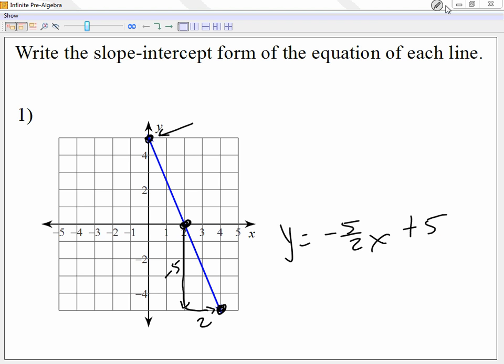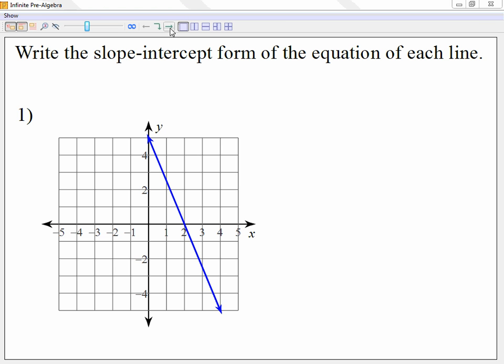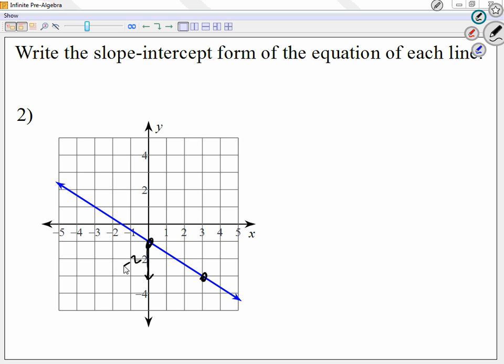Take a look at another example. Take a look at number 2. Let me get a slope to begin with. I'm going to use this point and this point. It seems like it's going down 2 and it's going 3 to the right. So my slope is -2/3. So I'm going to write this as y equals -2/3x.